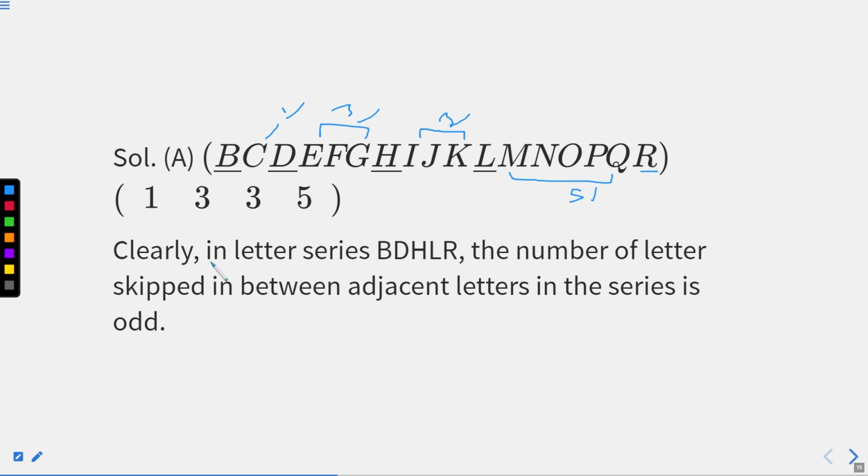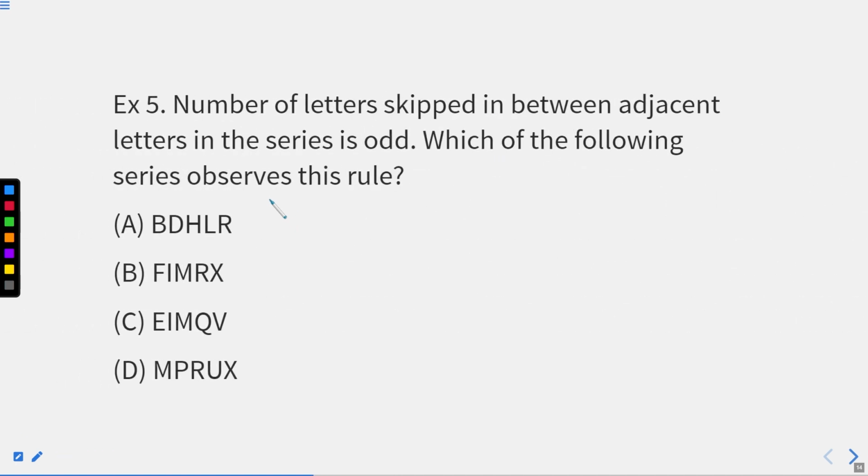It is clear that in the series B, D, H, L, R, the number of letters skipped between the adjacent letters are odd. 1, 3, 3 and 5 are all odd numbers. Hence, option A satisfies the condition given in the question. So our answer will be option A. I hope this question is clear.